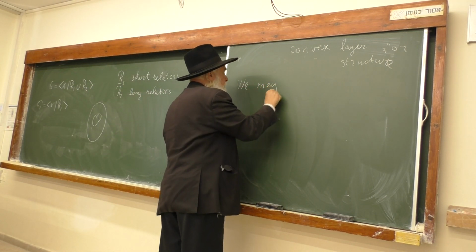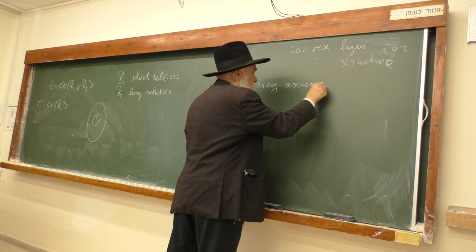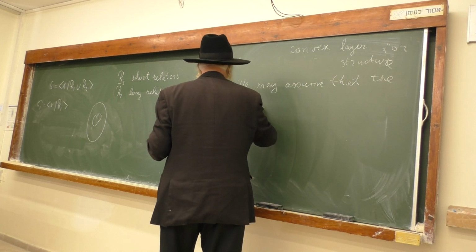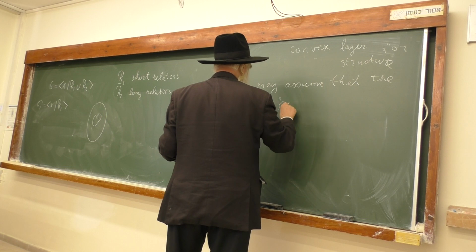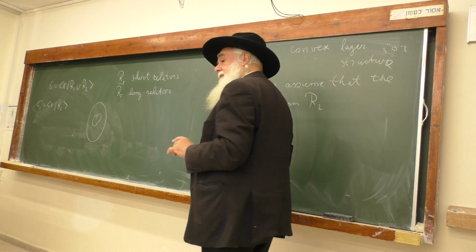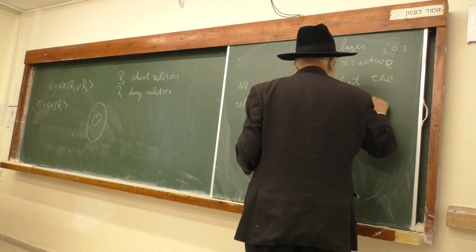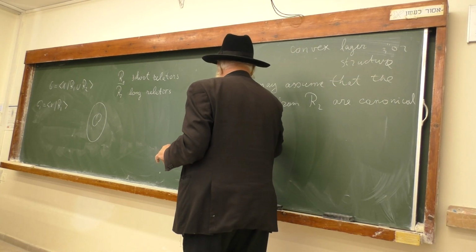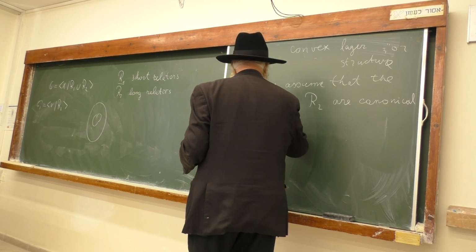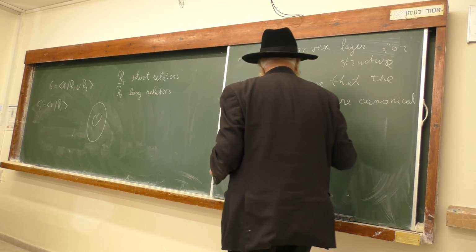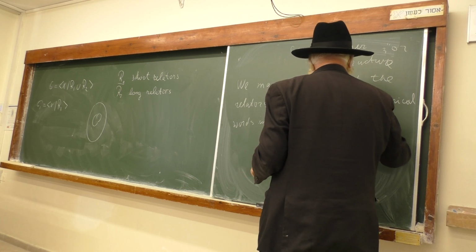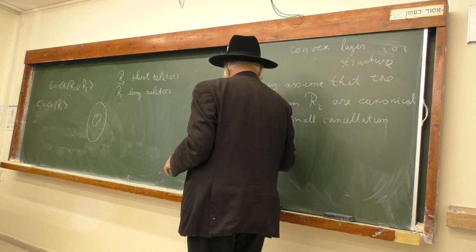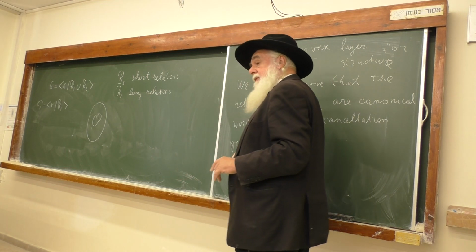We may assume that the relators from R2 are canonical words in the small cancellation group G1. But we have here to explain something.